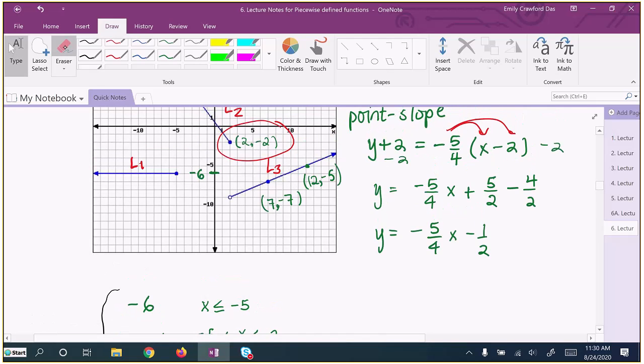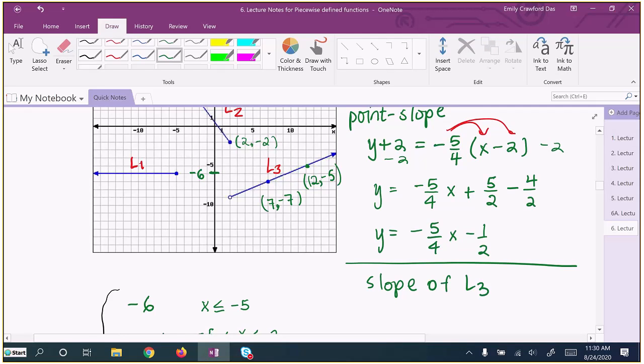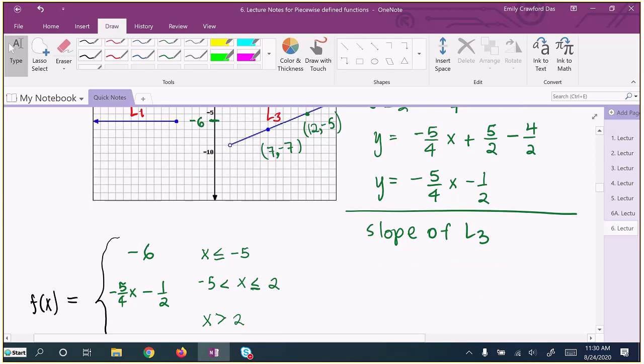Okay, let's do the exact same thing for line 3. I need the slope of line 3. So that was my work for line 2. Slope of line 3, I take the difference in the y coordinates. So say minus 5 minus minus 7 is plus 7 over 12 minus 7. So this ends up being 2 over 5.